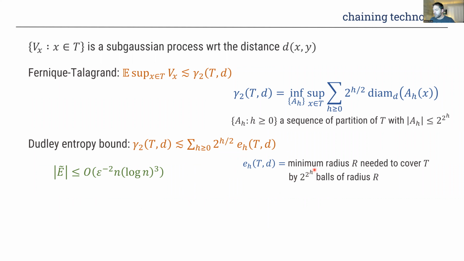And this is a uniform quantity over the entire space. Whereas what you can imagine is that maybe some regions of the space are easier to cover at some scales than others, but then when you zoom in a little further, they become harder to cover, or when you zoom out more, they're harder to cover. And then what this family of partitions does is it allows you to adapt to the local geometry of the space.